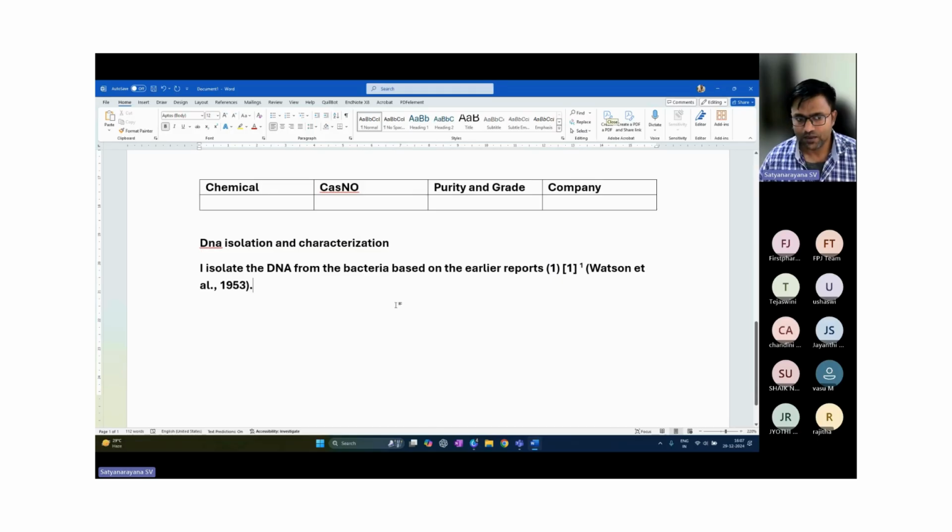That is so important. And if you are using some equipment, say the gel reader, by which I analyze my DNA, then while mentioning it you must mention the company, usually Bio-Rad, and the model, for example LT100.